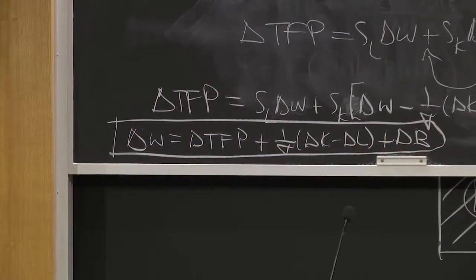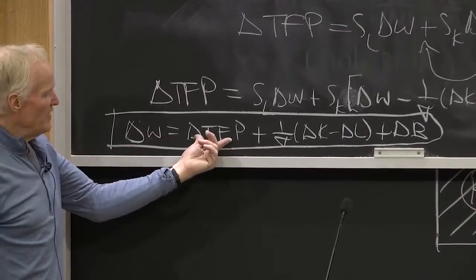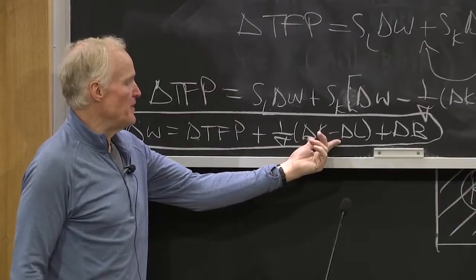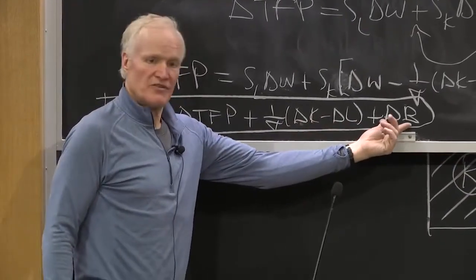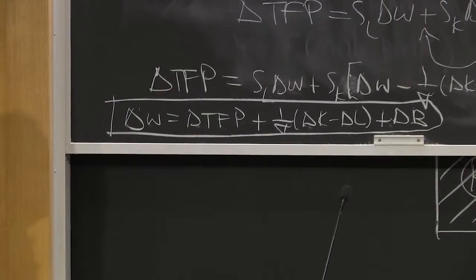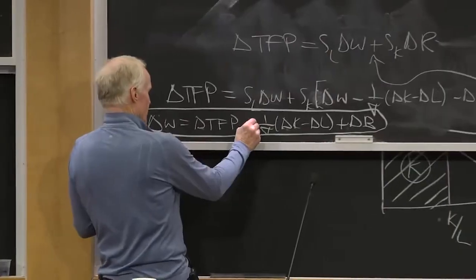So that says the growth in the real wage is the growth in TFP plus some effect of capital deepening plus technological bias. Where did the share of capital go? Oh, yeah, we got an S_K here.